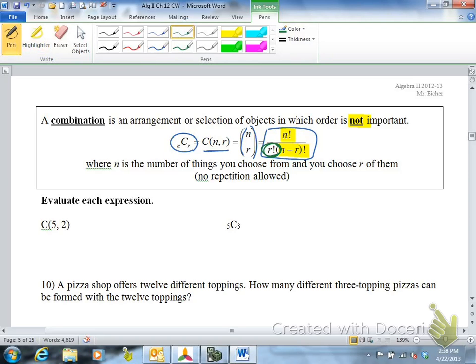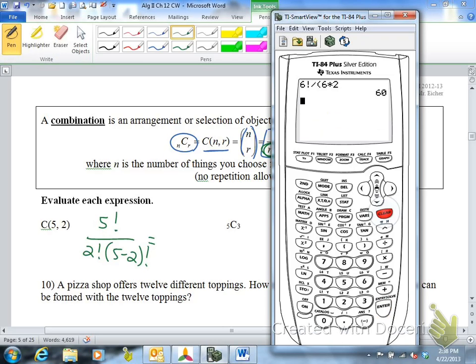So evaluate the expression. This would be 5 factorial divided by 2 factorial, 5 minus 2 factorial. The button on your calculator is right here. 5, go over to math, over to PRB. 5 choose 2 is 10.